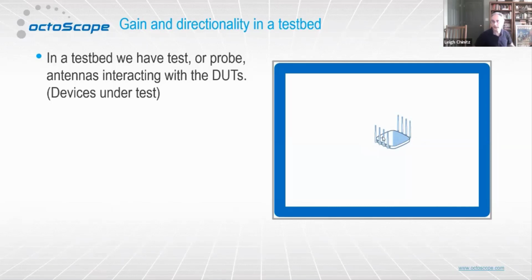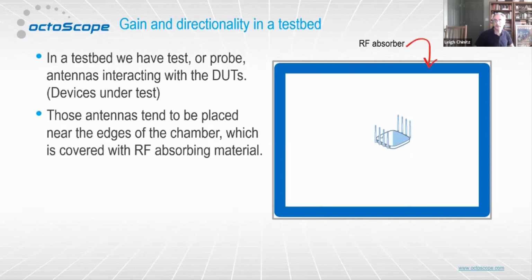They'll be transmitting sort of omnidirectionally everywhere, and there will be test antennas that are interacting with this. Now, those test antennas tend to be placed near the edge of the RF chamber itself, right next to the RF absorber, which is what's being used to create the anechoic environment in the test bed.